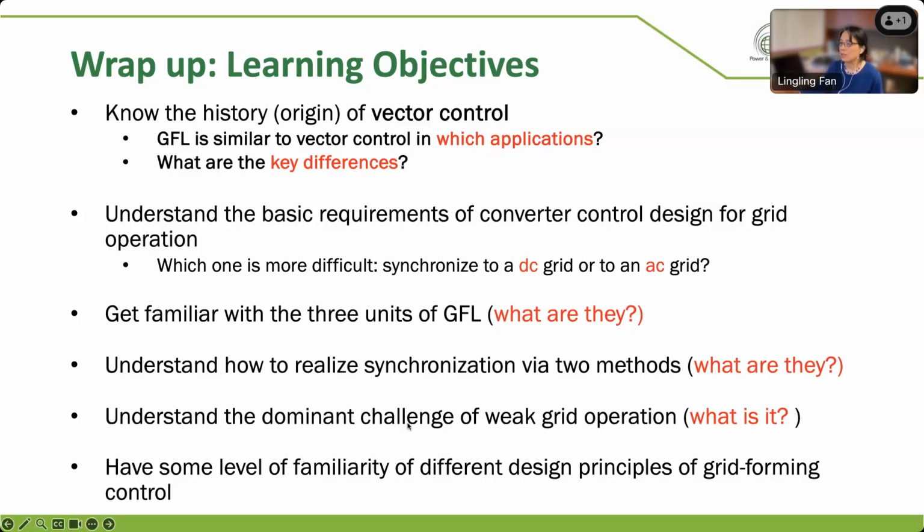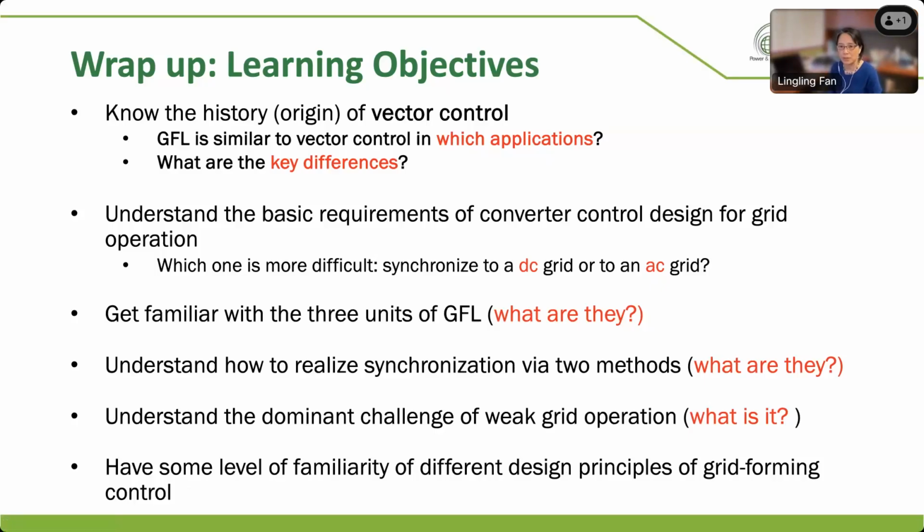The dominant challenge of weak grid operation is the coupled voltage stability and synchronized stability issue. That's the weak grid. Let's have some level of familiarity with different design principles of GFM, so at least you can see a couple of designs.